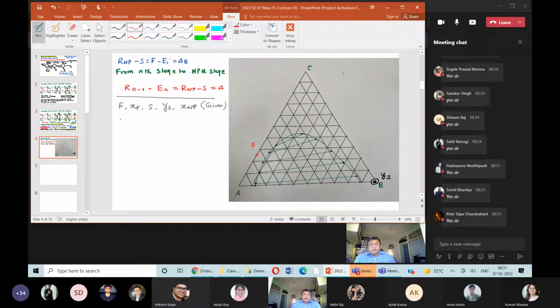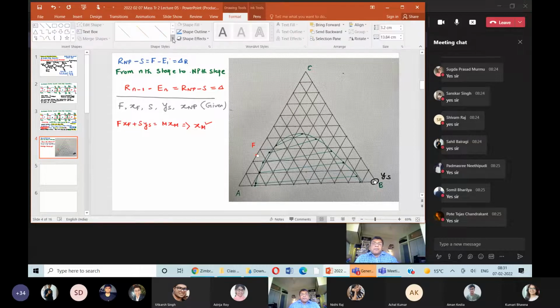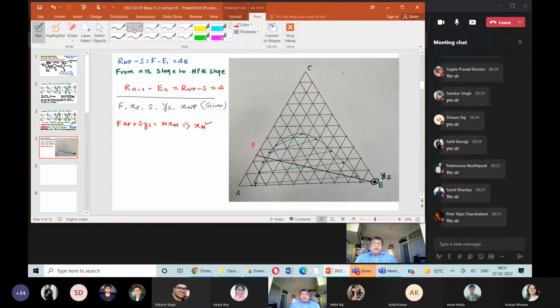So from the balance, what we have is F X_F plus S Y_S is equal to M X_M. So M is known, all these are known, therefore we can determine X_M, right? So if we can determine X_M, it lies, let's say, somewhere over here.